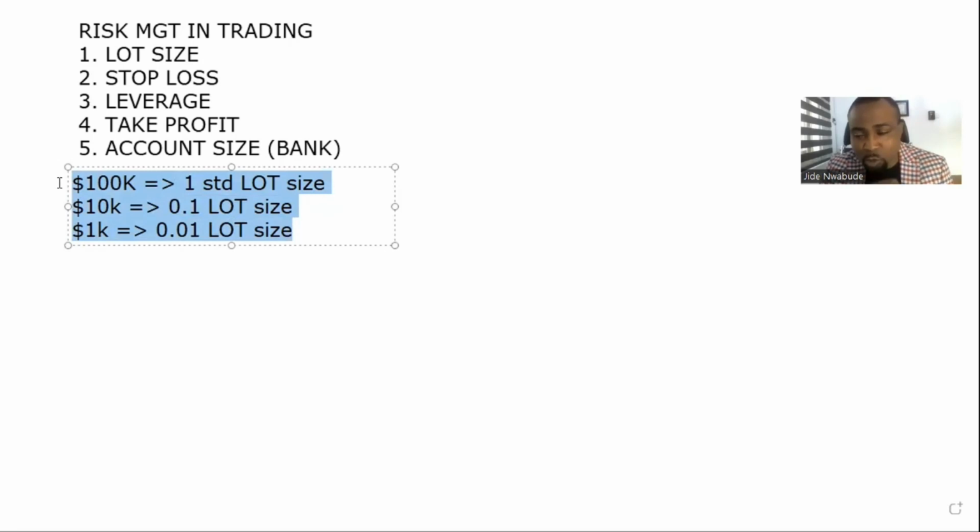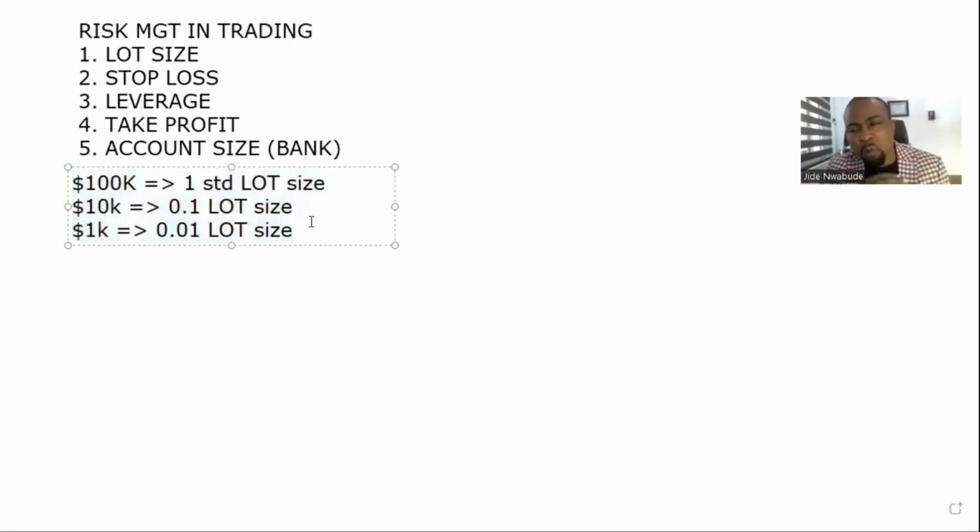The chances of making so much money is reduced. Remember, as your risk increases, you can make more money and you can lose more money as well. It's garbage in, garbage out. You can't always be correct. So if your risk is high, those times you're not correct, you lose heavily.